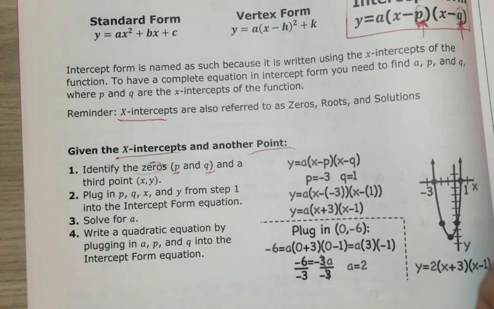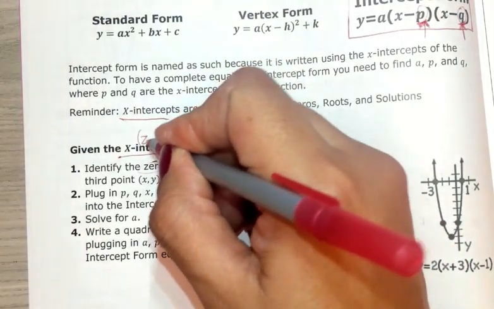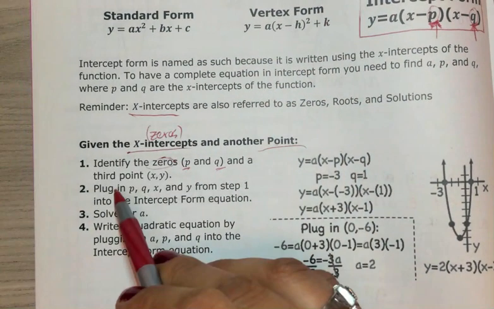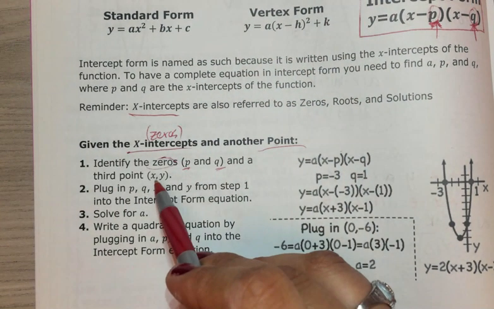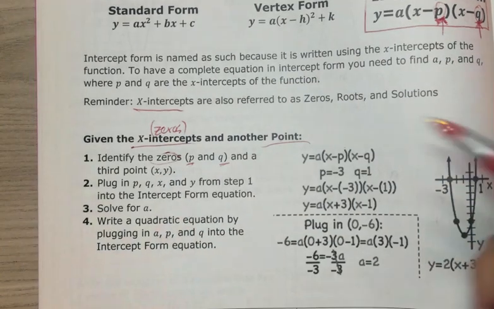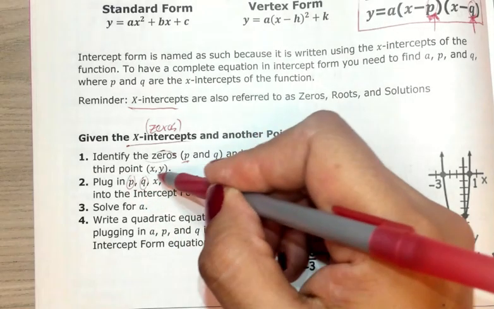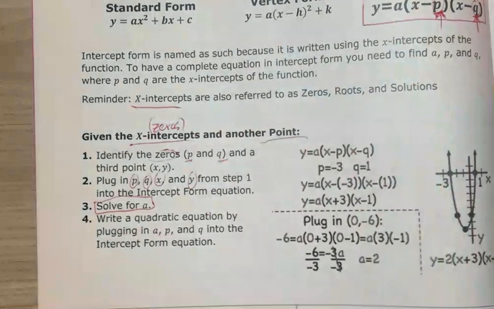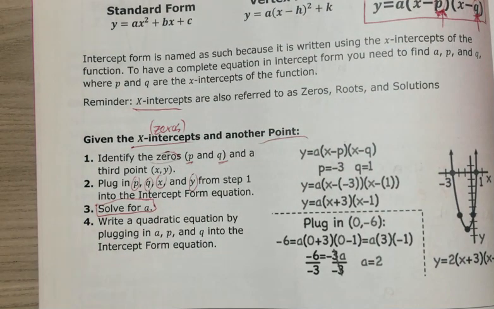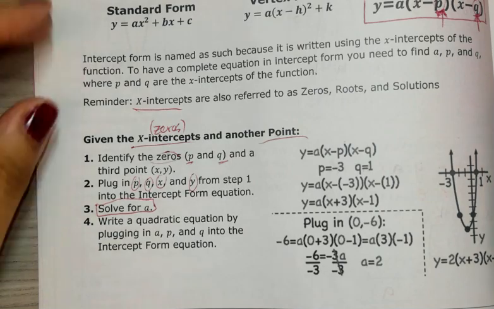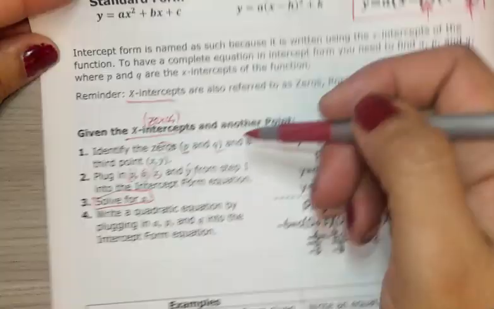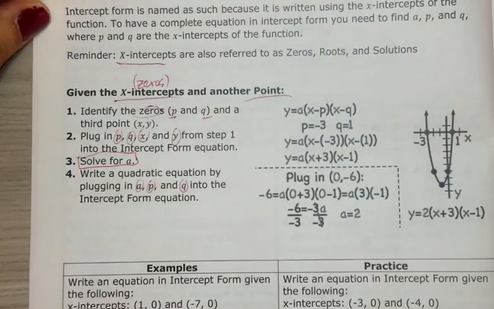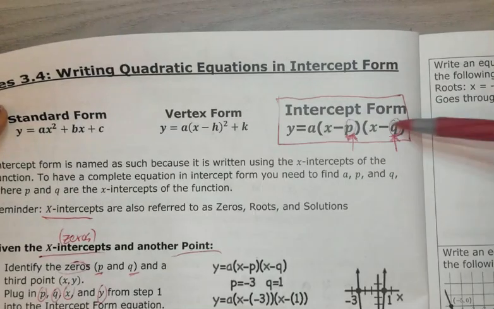Understand that x-intercepts are called zeros, and use a third point, the point given, as x and y. You substitute p, q, x, and y, and solve for a. Same process as the previous lesson. Once you have a, you substitute a, p, and q into the template, and then you'll be done.